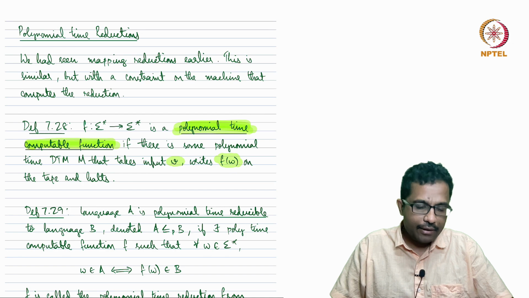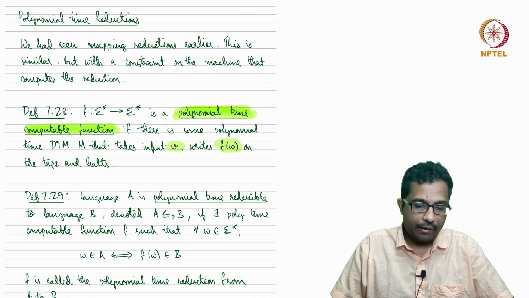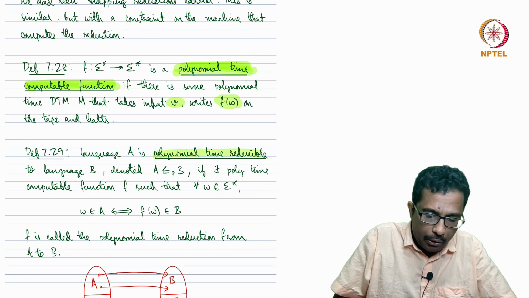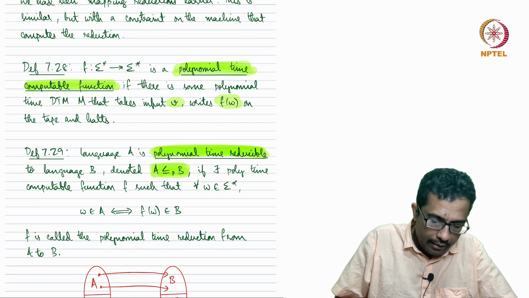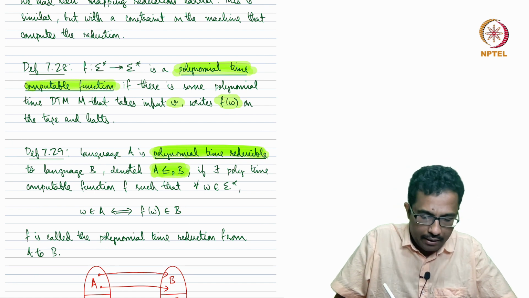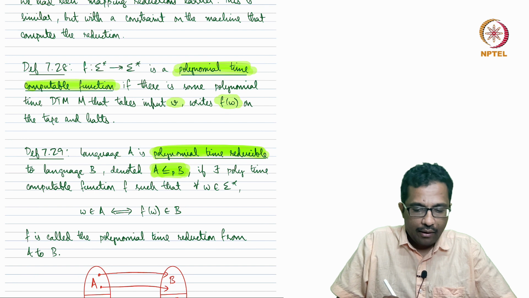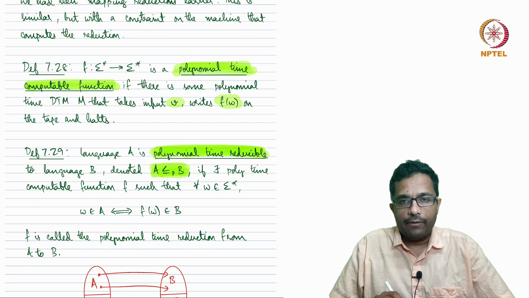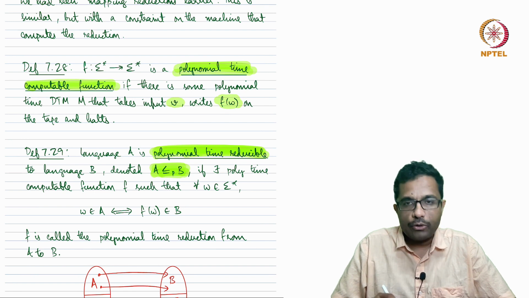This is the definition of a polynomial time computable function, and we say that a language A is polynomial time reducible to language B, denoted by A less than or equal to B with a P subscript, if there is a polynomial time computable function f that constitutes the reduction.